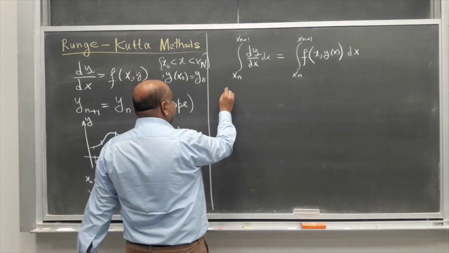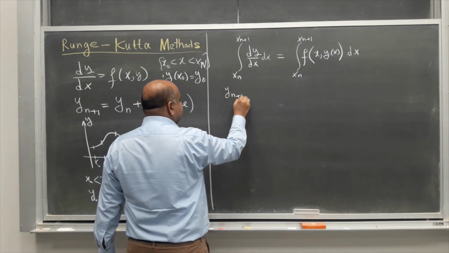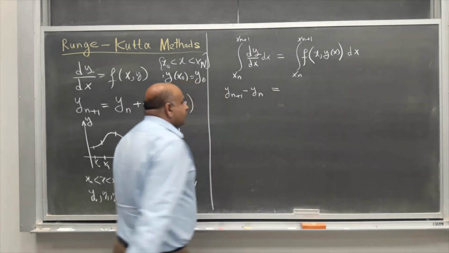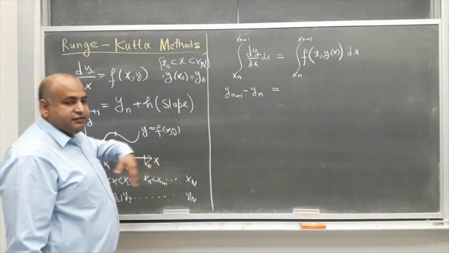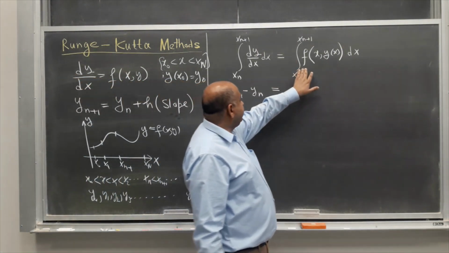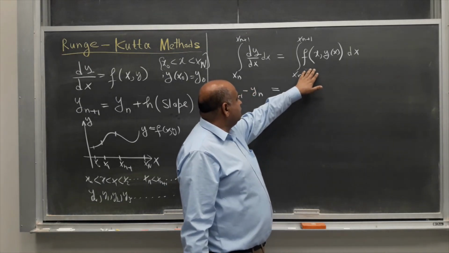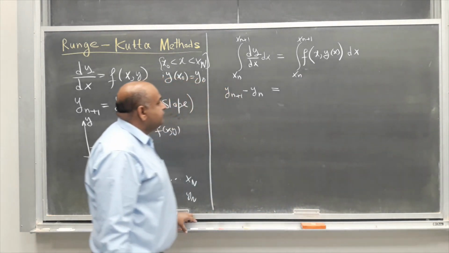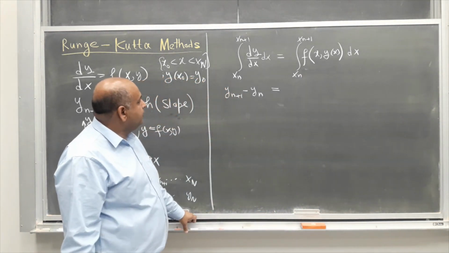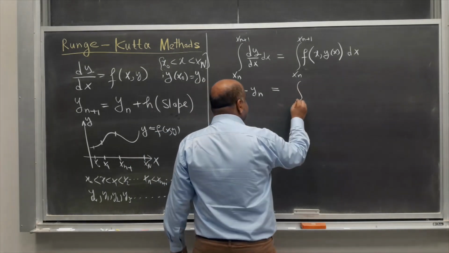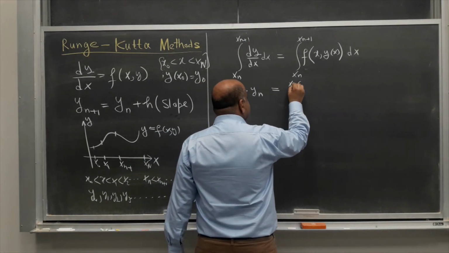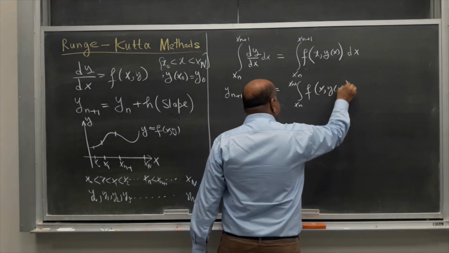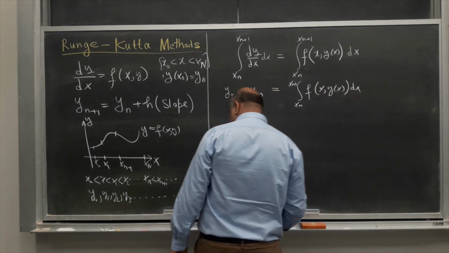Now on the left side, we can quickly get this, and we get different methods by having different approximations to the right side, for example using Taylor series. So let me write it like this: the integral from xn to xn plus 1 of f of x, y of x dx.